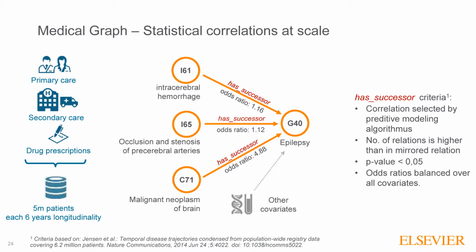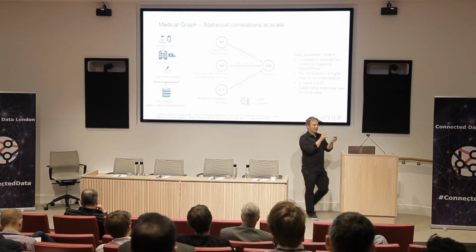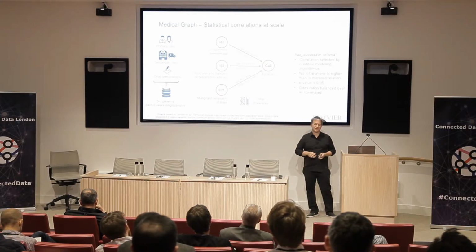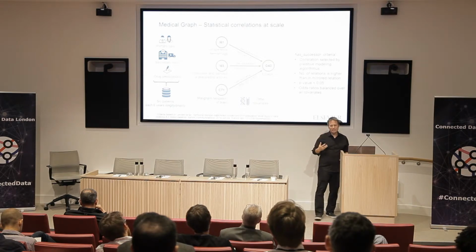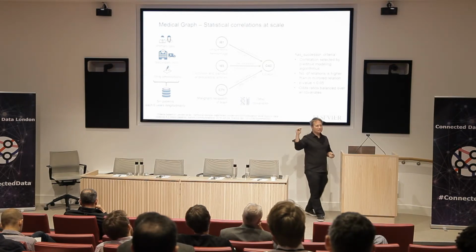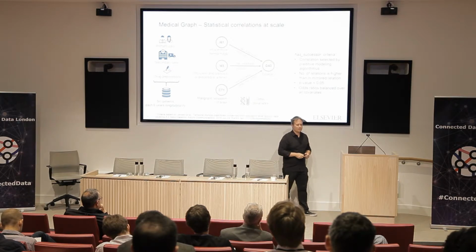So what we do is we learn from our data in a longitudinal way, predictive models that essentially predict the association between every individual disease with every other disease. And that correlation, if it's high enough, we express that as an edge in our graph.